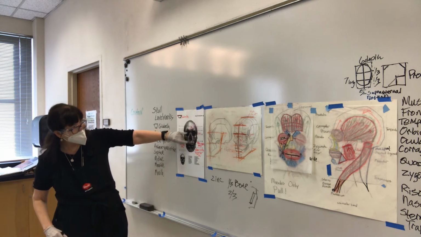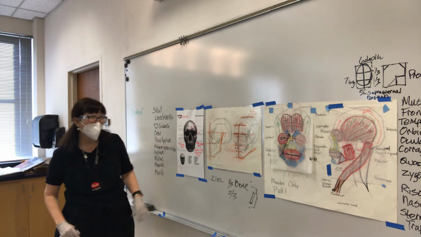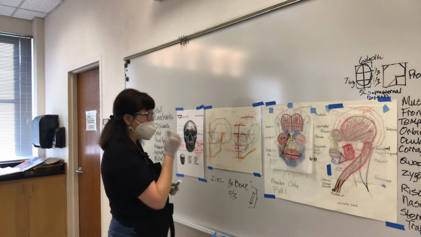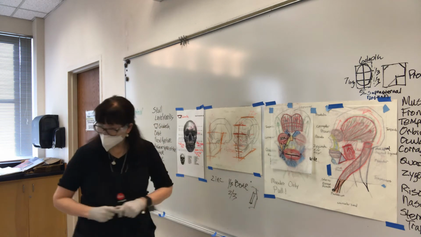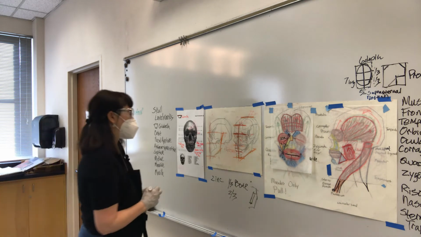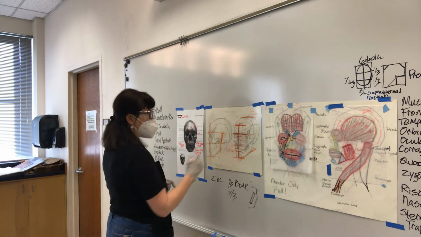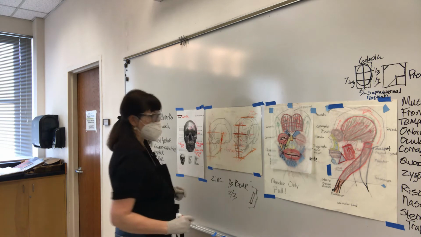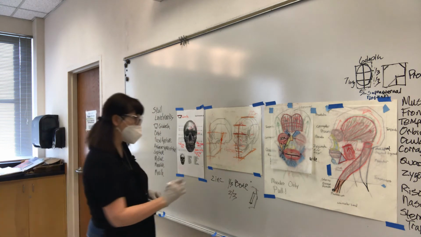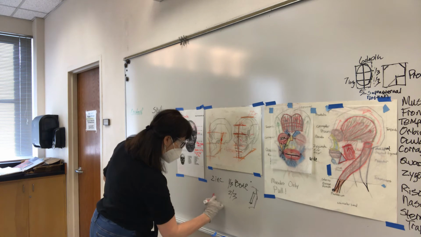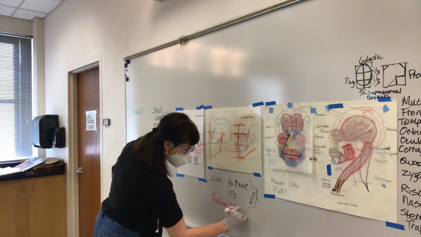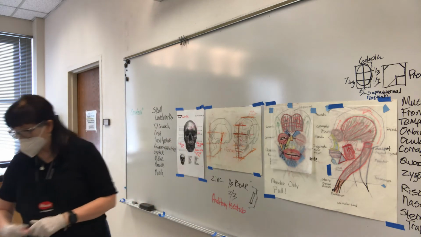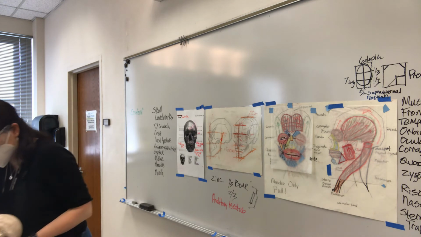Then you get a third and a third. Now, in this drawing portion, this is what I would like you to know about this skull. So, the halfway point right here in profile is the auditory meatus. This is a fancy word for your ear canal.